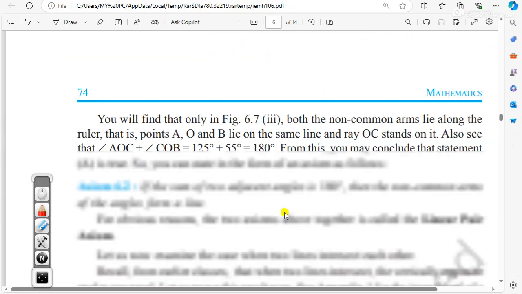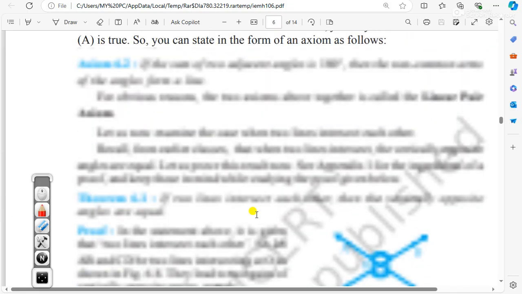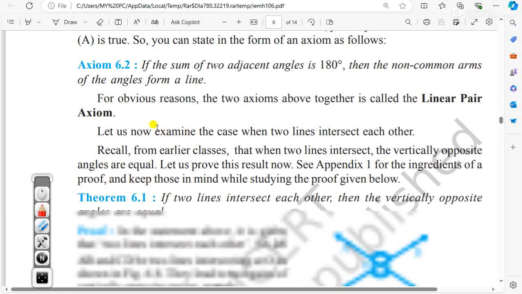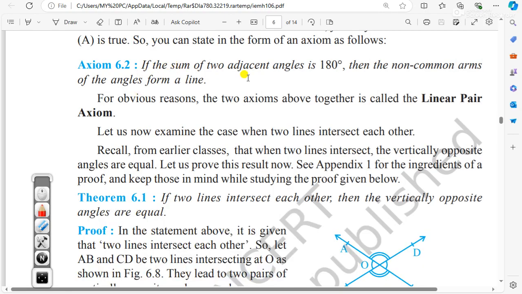Now the next axiom is axiom 6.2. If the sum of two adjacent angles is 180 degrees, then the non-common arms of the angles form a line. For these reasons, the two axioms above together are called the linear pair axiom, right?